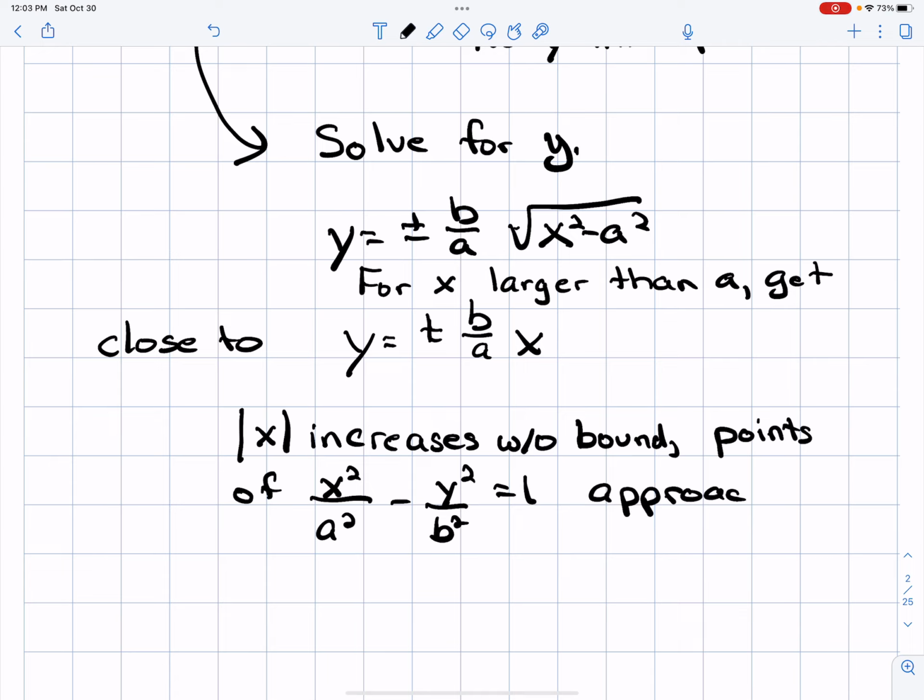They don't touch them, they're asymptotes, but they approach the lines y equals plus or minus b over a x. So these are going to be asymptotes and are useful for sketching.